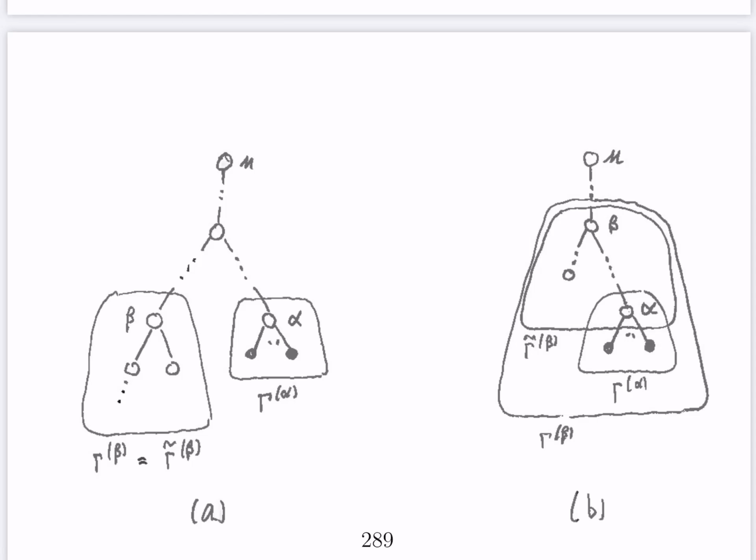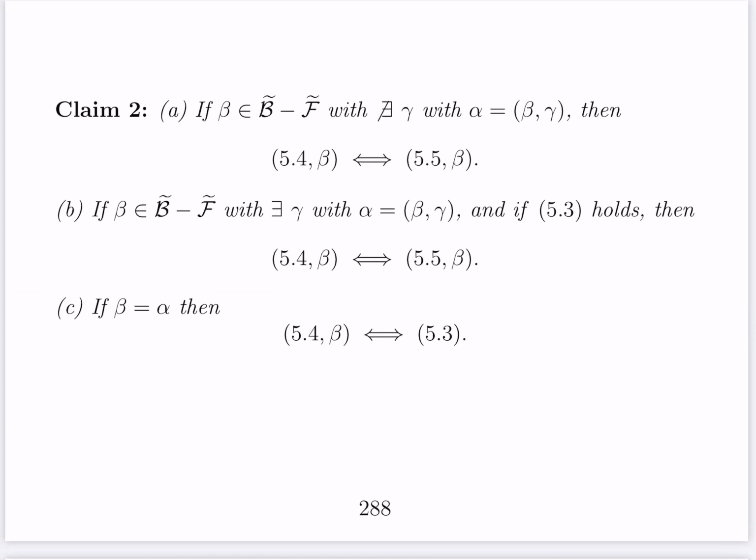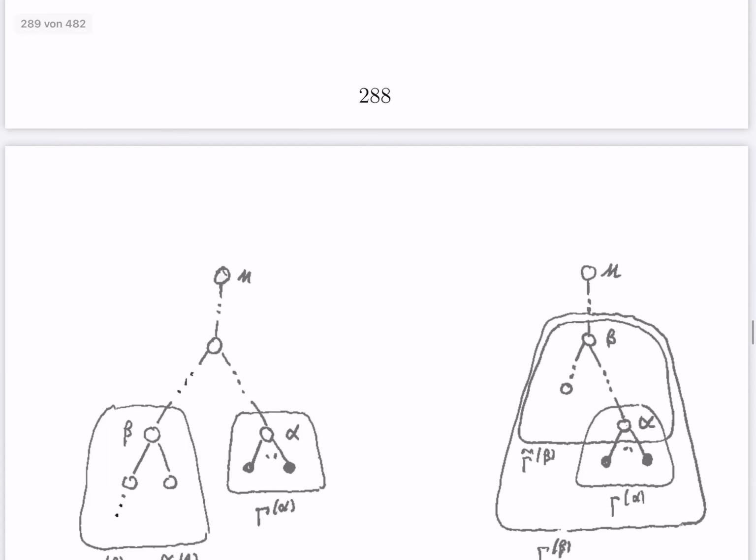Therefore, gamma beta is equal to gamma tilde beta, and therefore the strategy and strategy combinations are the same, and therefore the induced strategy combination is a Nash equilibrium for the subgame of the full game, if and only if it's a Nash equilibrium for the subgame of the restricted game, because these games are just the same. So this shows part A already. 5 beta is equivalent to 5 beta in this situation.